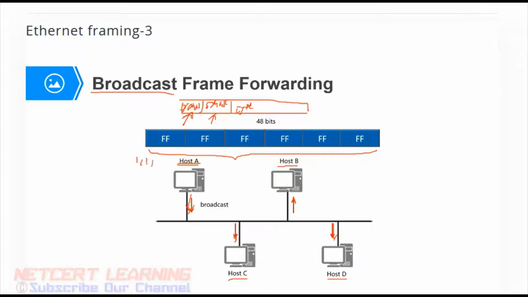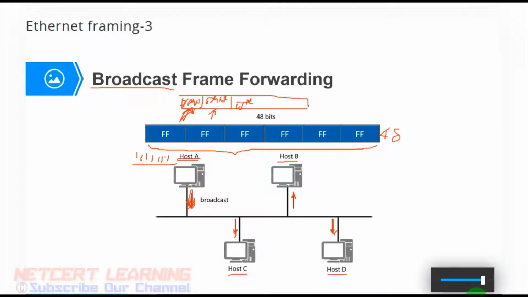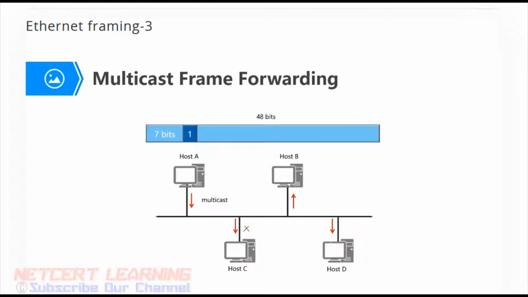F means 1111, and another F is 1111, so all 48 bits are 1s. When the destination MAC address is all F, the frame sent out by host A should be received by all the computers in this network, and they will receive it and process it. This is the broadcast.